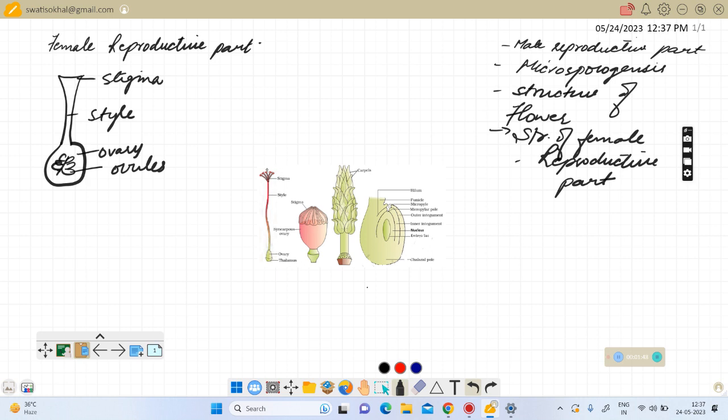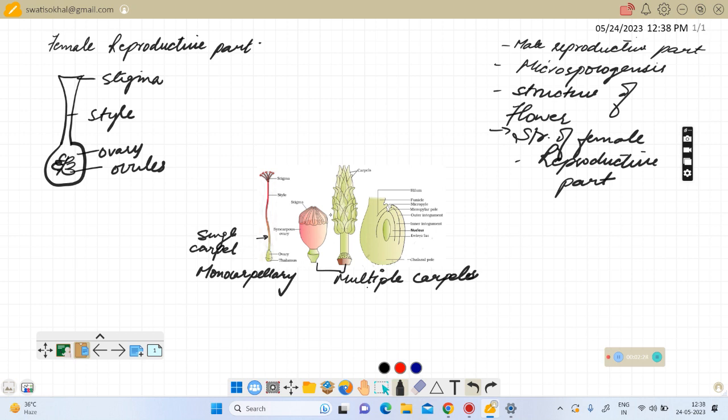Now, beta, if a single carpel is present, as you can see in this diagram, that is called monocarpellary. When multiple carpels are present in a gynoecium, it is called multicarpellary.